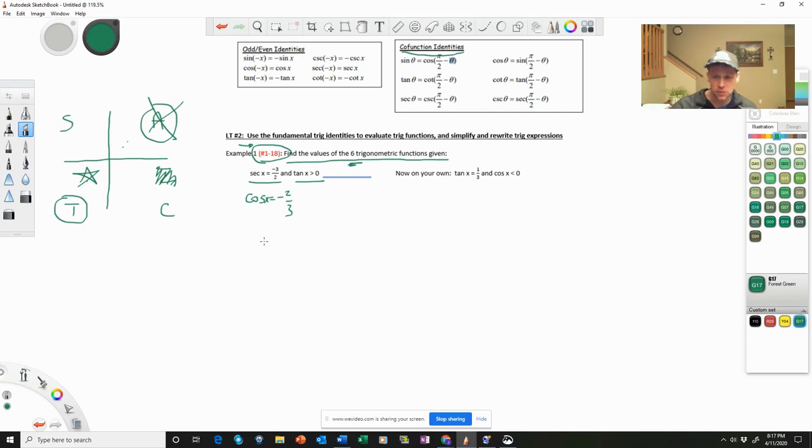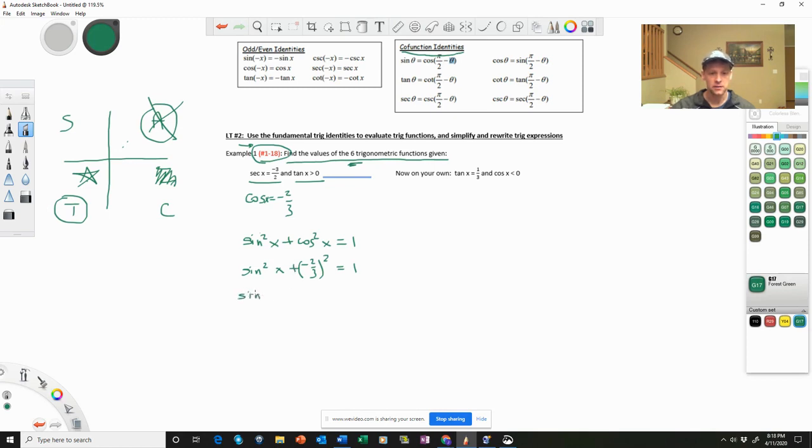So knowing that, here's what we're going to do. It's going to be a little bit tricky. But instead of drawing the picture, we are going to use a Pythagorean identity. Check it out. We know that sine squared of x plus cosine squared of x equals 1, right? So if you happen to know that the cosine is negative 2/3, you can put that into this equation and solve for sine without having to draw a picture.